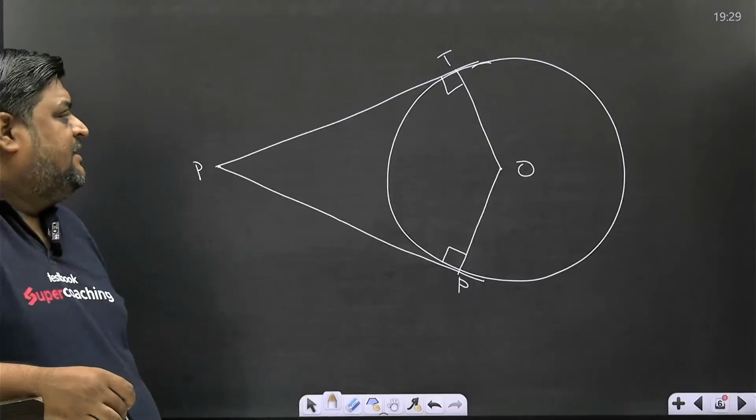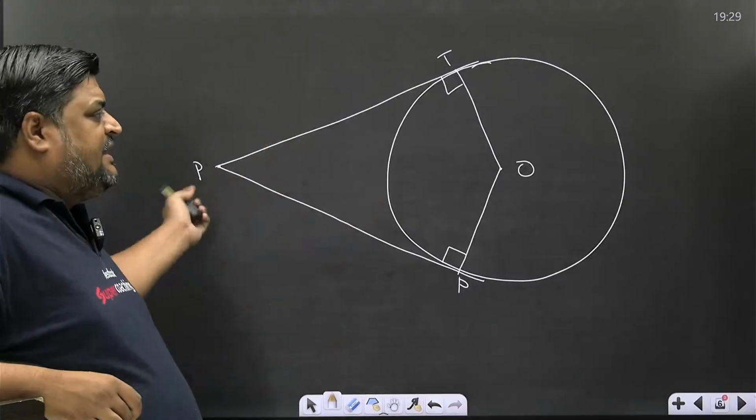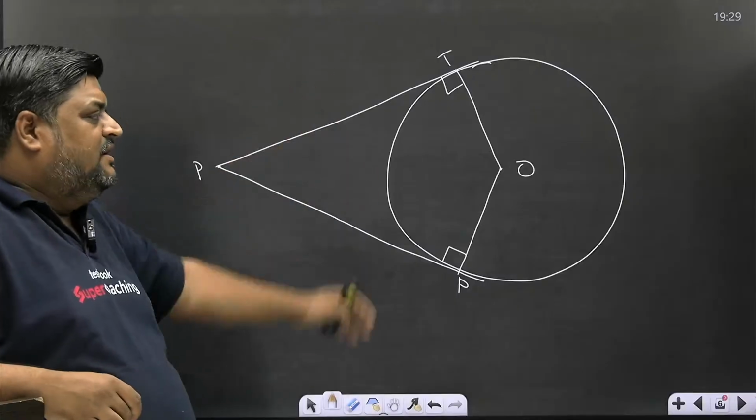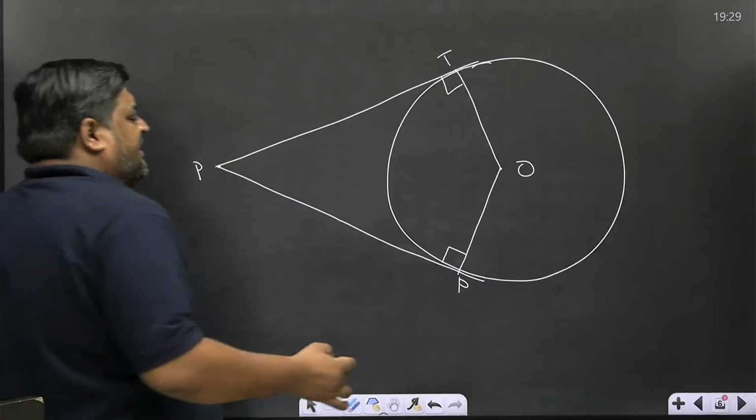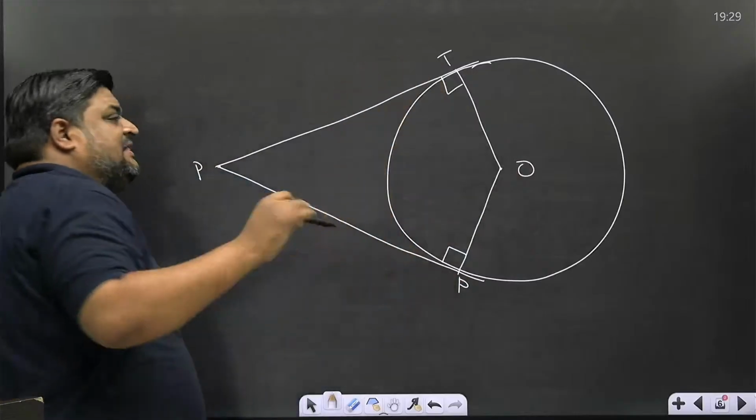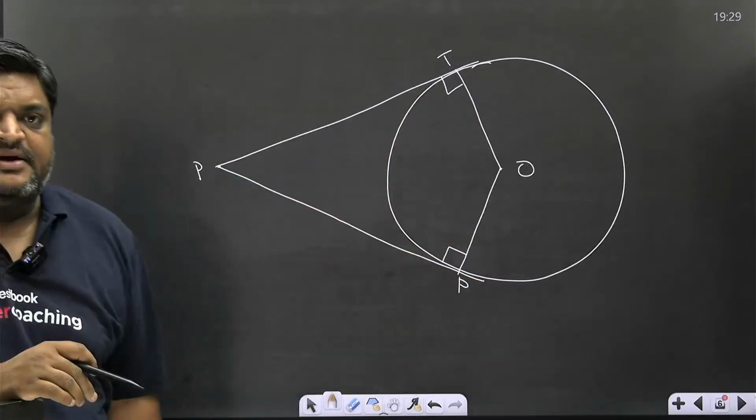For a point outside the circle, two tangents can be drawn to the circle, and if I connect the center with the point of contact, the angle formed is a right angle.